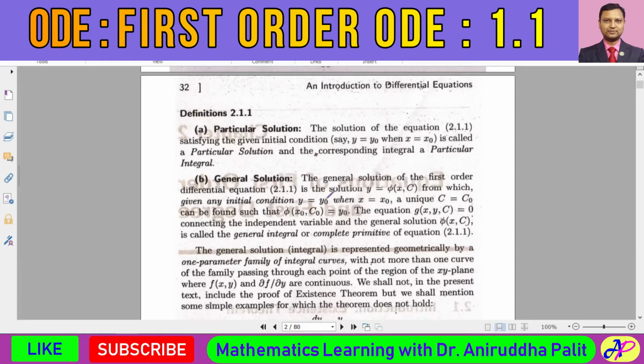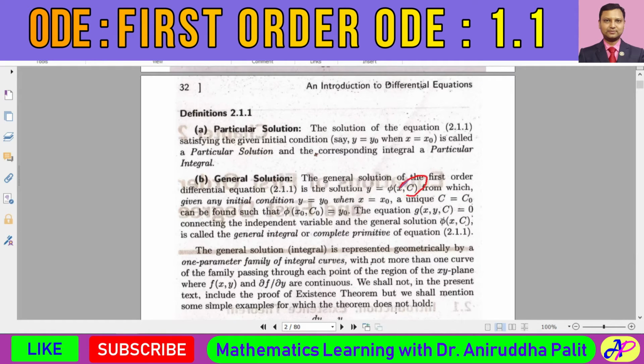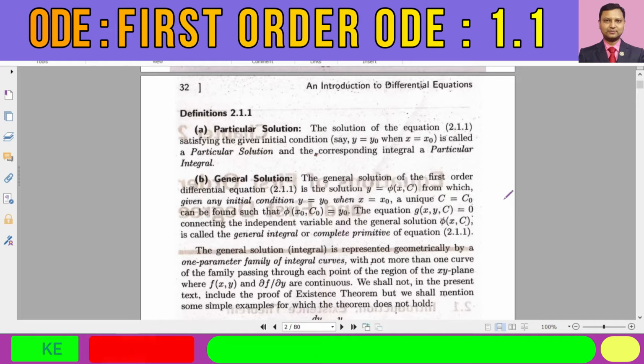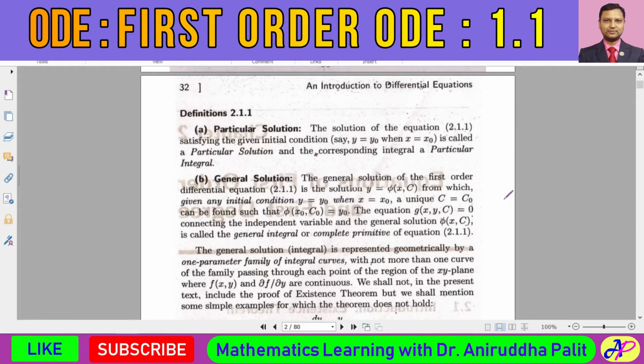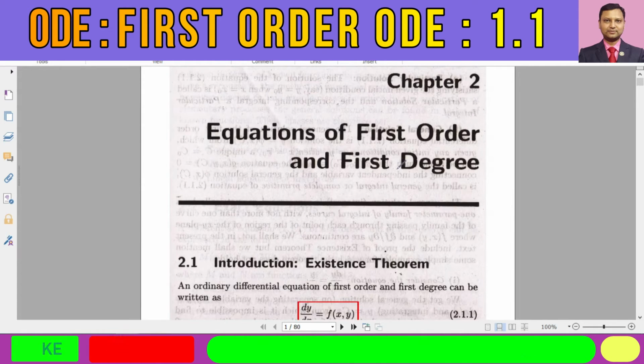So if we have a solution involving this kind of arbitrary constant c, we may have more than one arbitrary constant if we have second or higher order differential equations. But over here we are only dealing with first order differential equations.